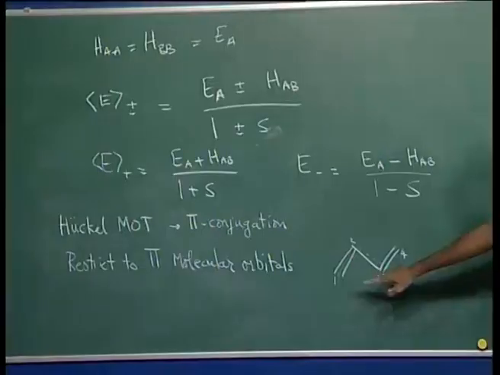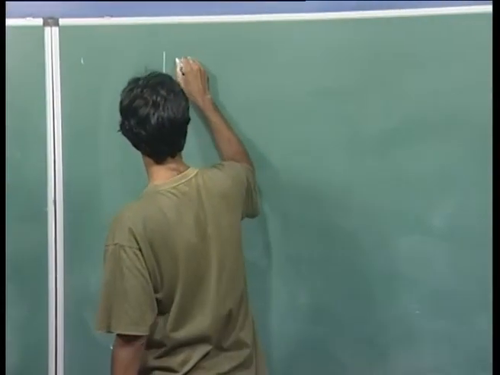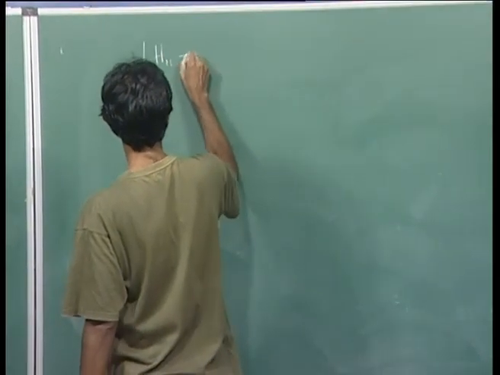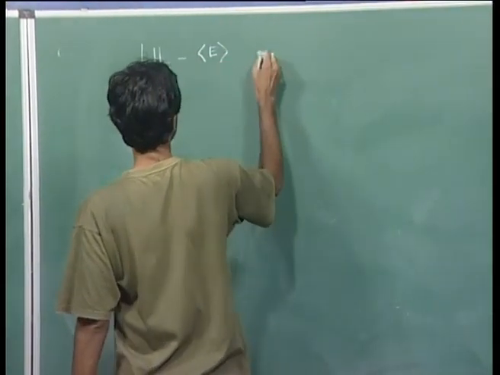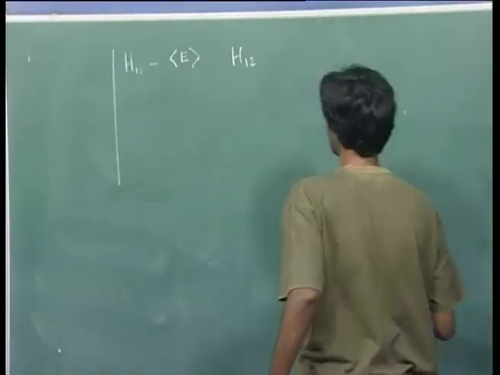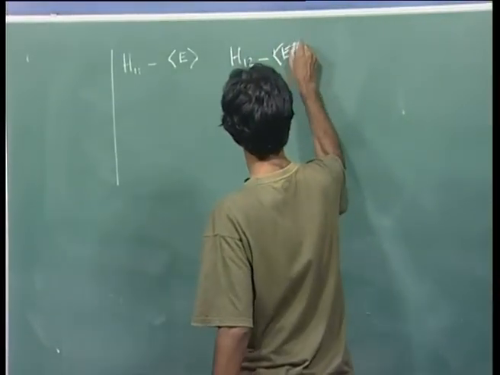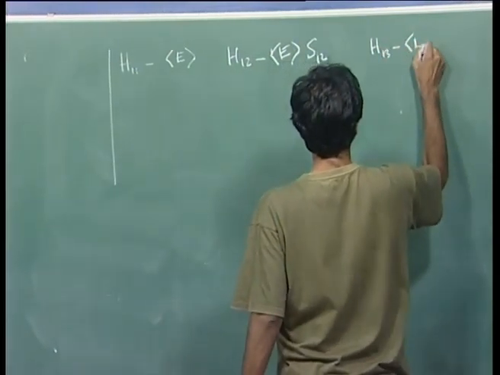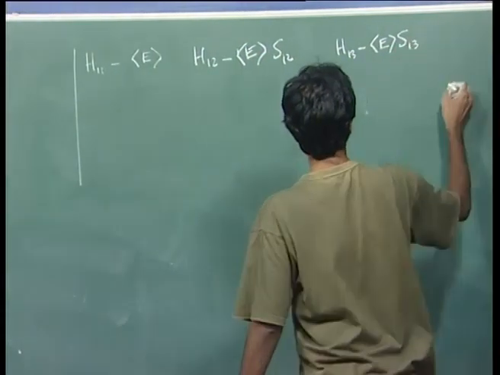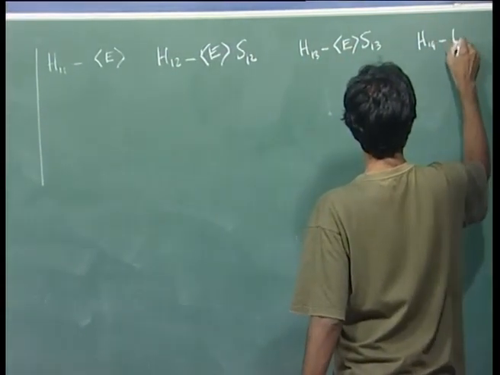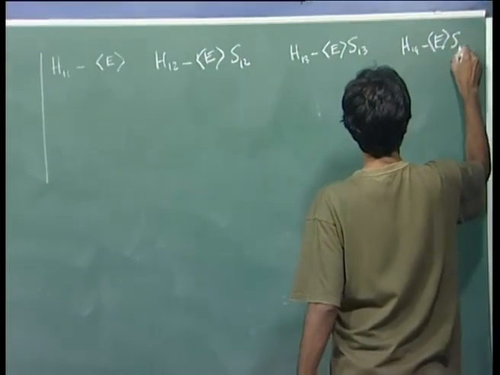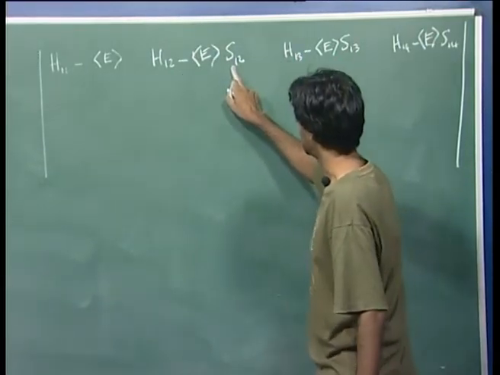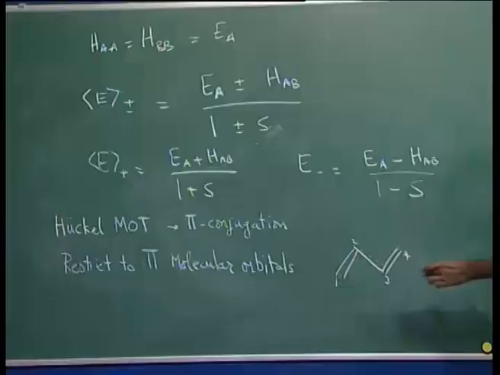So for example, for 1,3-butadiene, you will write the first row as H11 minus E, H12 minus E S12, H13 minus E S13, H14 minus E S14, where S is the overlap of the pi atomic orbitals.